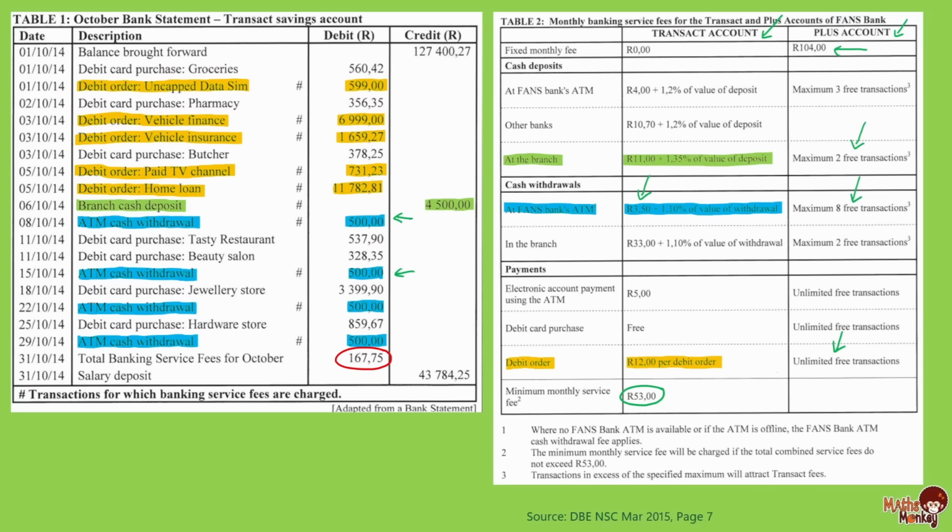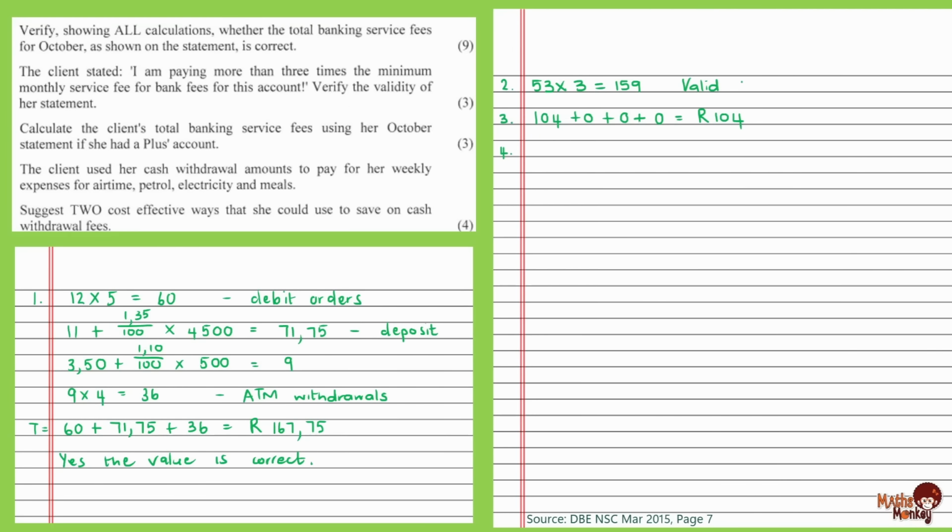The second way is that she could actually have made these payments with a debit card purchase, because they don't charge for debit card purchases. Right, so these are just 2 ways in which she could have actually saved. So how would I write this now?